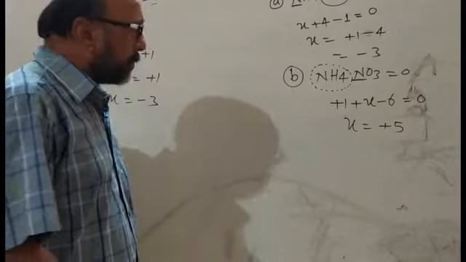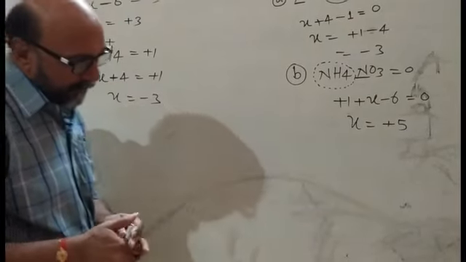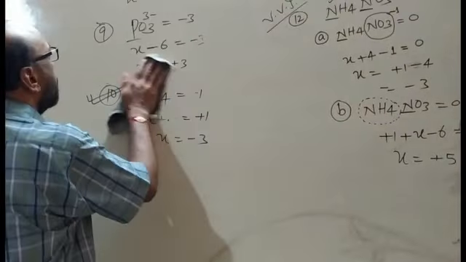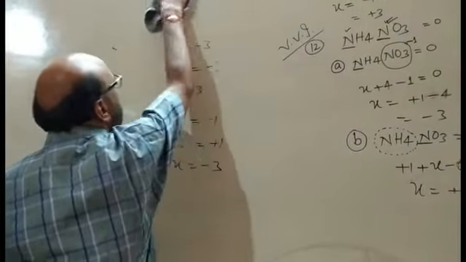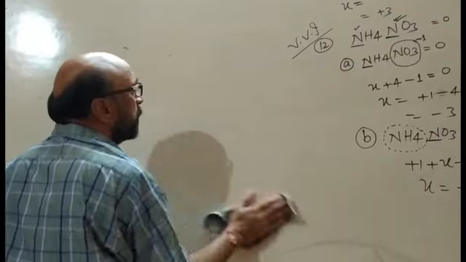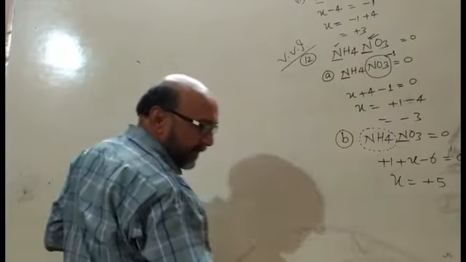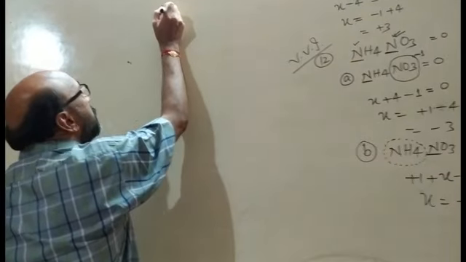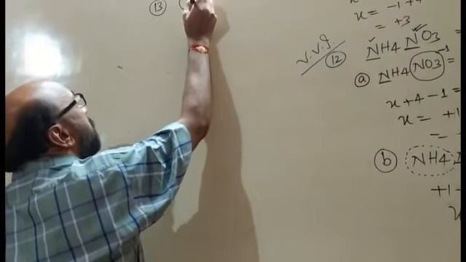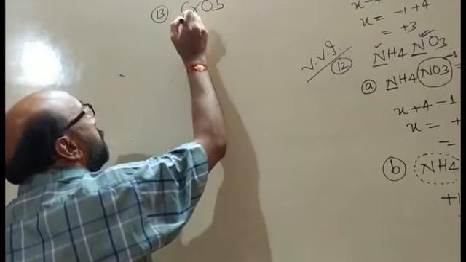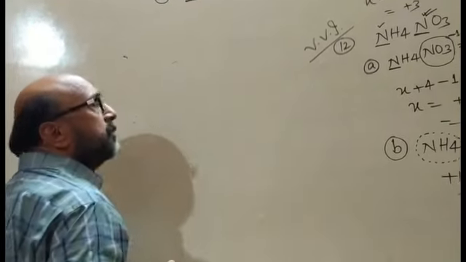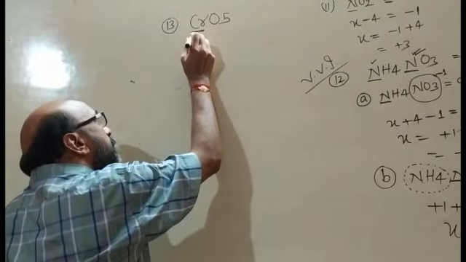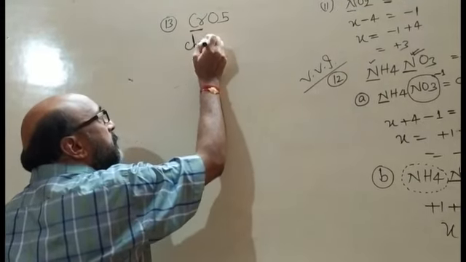Now the next compound is also very important because it belongs to the exceptions of the oxidation state of oxygen. CrO5, in which we have to calculate the oxidation state of chromium. This is chromium peroxide.